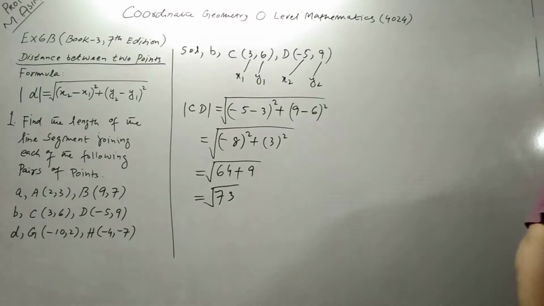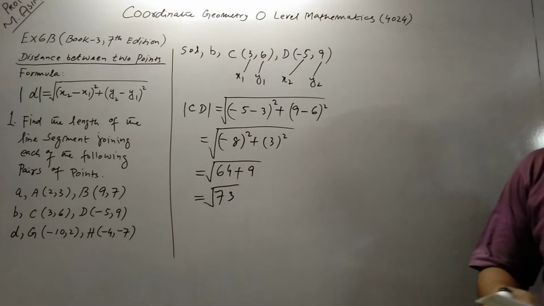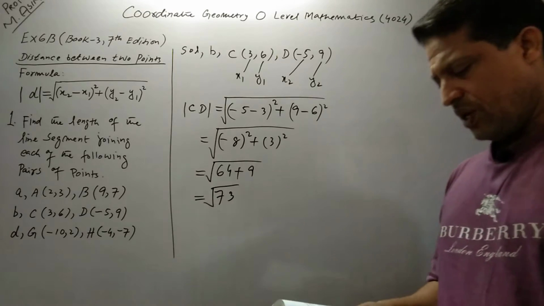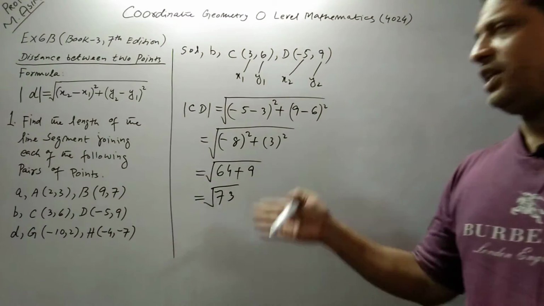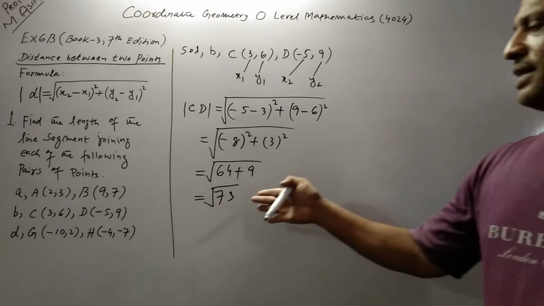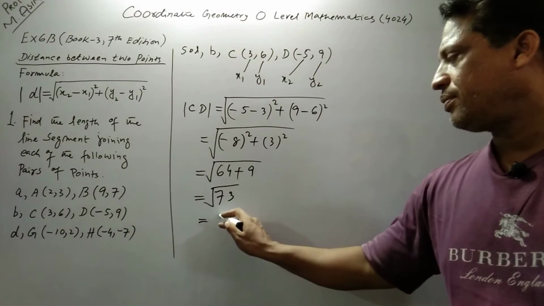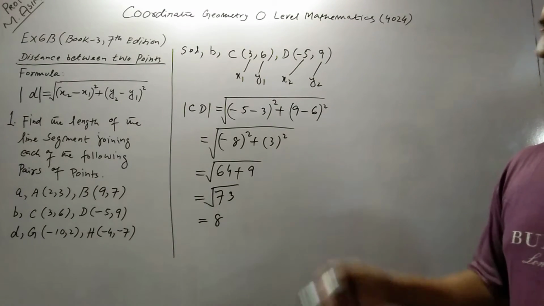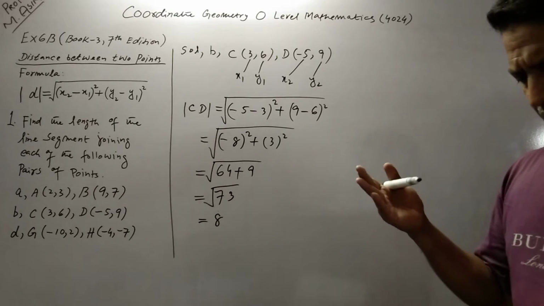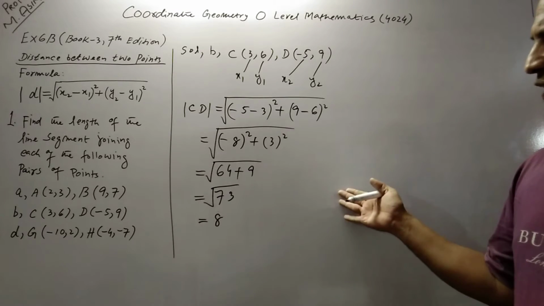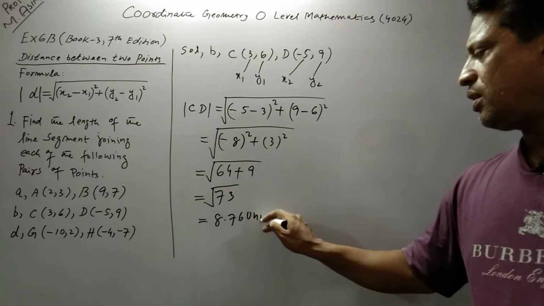And if you want to give the answer in decimal, you can write the value of the square root of 73 as 8 point something, like 9 9s are 81, 8 8s are 64, 8.76 something.